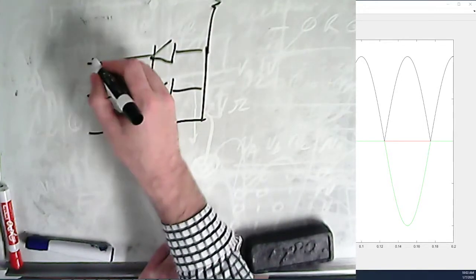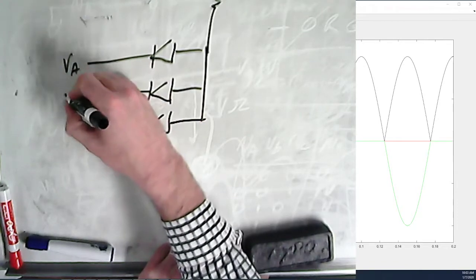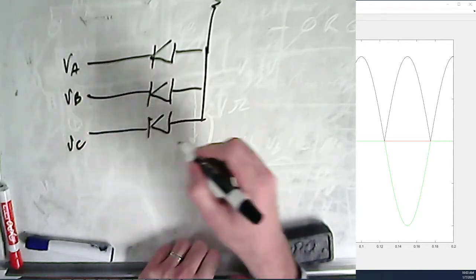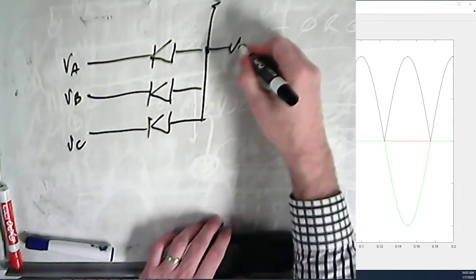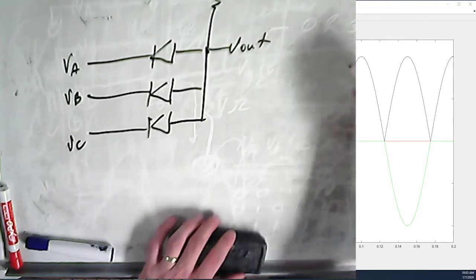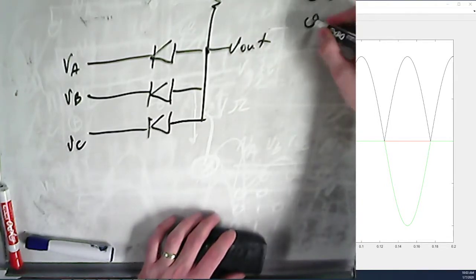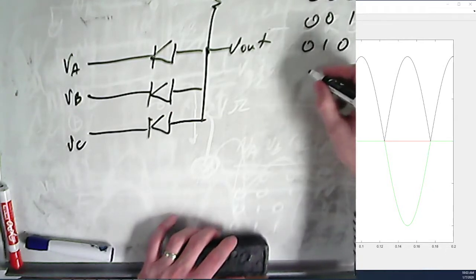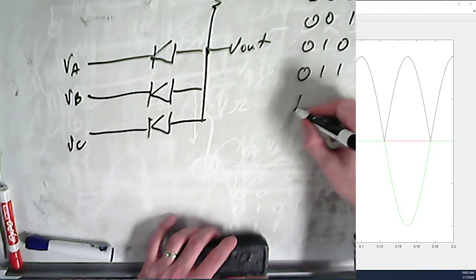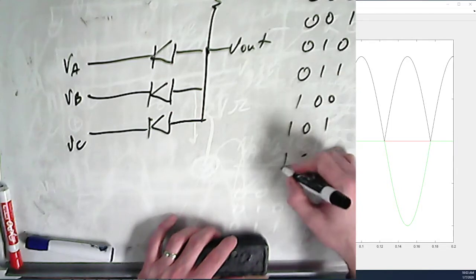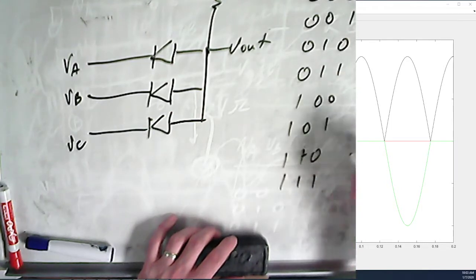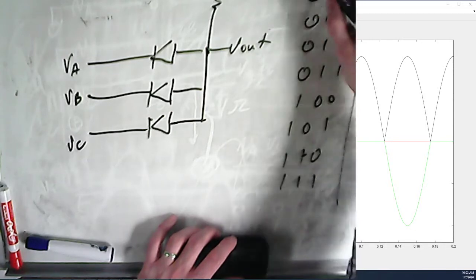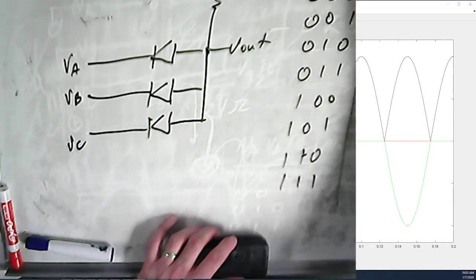It's slightly different than the 1 volt I had, and then we have VA, VB, and VC. This is our Vout. And we're going to do the same thing. 0, 0, 0, 0, 0, 1, 0, 1, 0. You would know that when I say 1, I mean 5 volts. 0, 1, 1, 1, 0, 0, 1, 0, 1, 1, 1, 0, 1, 1, 1. For A, B, and C.